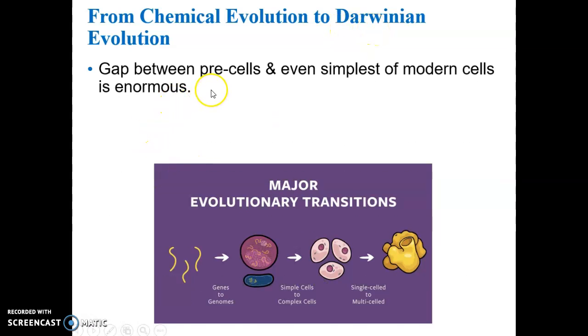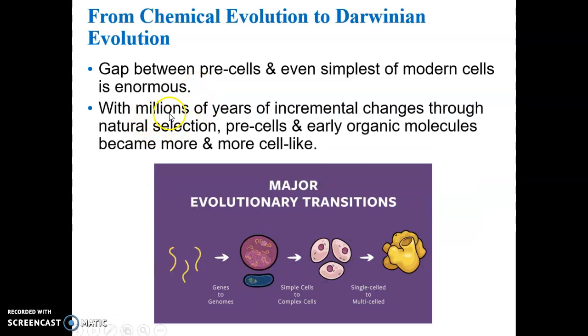There is a gap between the pre-cells and even the simplest modern cells, and that gap's pretty enormous. But with millions of years of small incremental change through natural selection, aided through mutations, pre-cells and early organic molecules became more and more cell-like through evolutionary change. And again, we're talking millions of years.